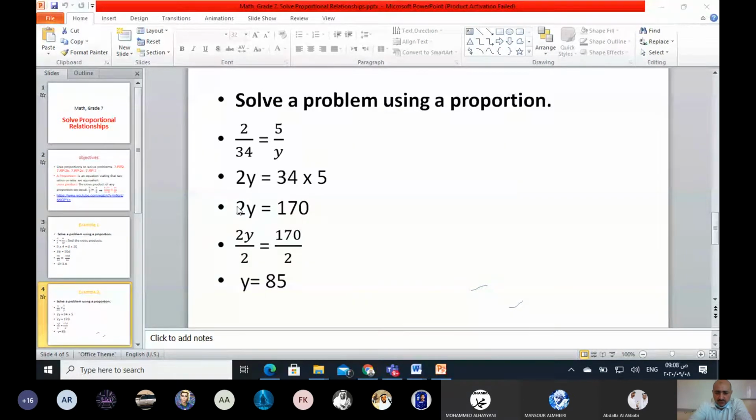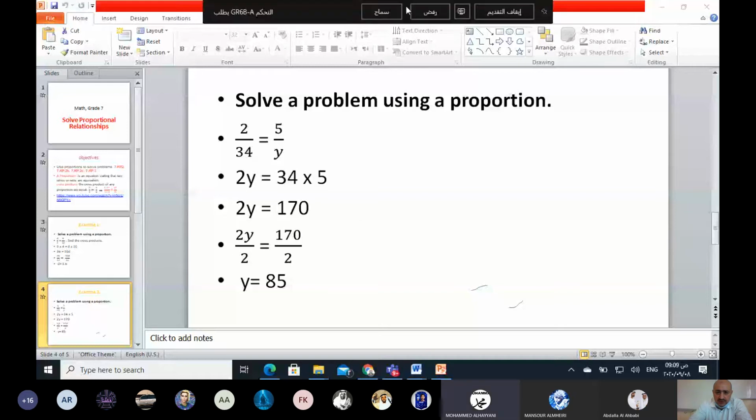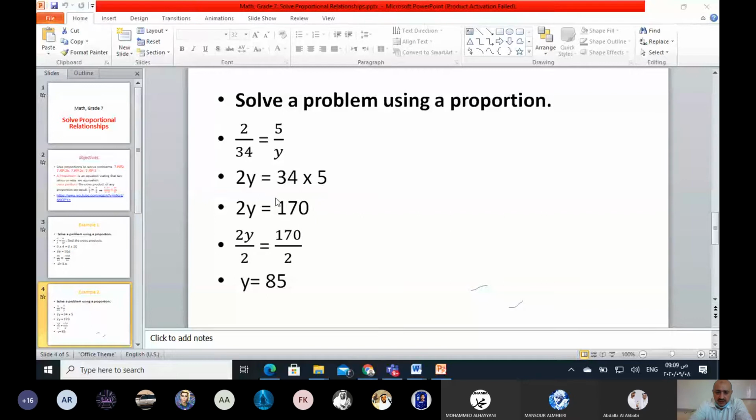So I can write 2y divided by the coefficient, divided by 2. Then on the second side I can write 170 divided by the coefficient, divided by 2. Then 2 divided by 2 will be 1, remains y, and 170 divided by 2 will be 85. Okay, now I understand. Okay, thank you.